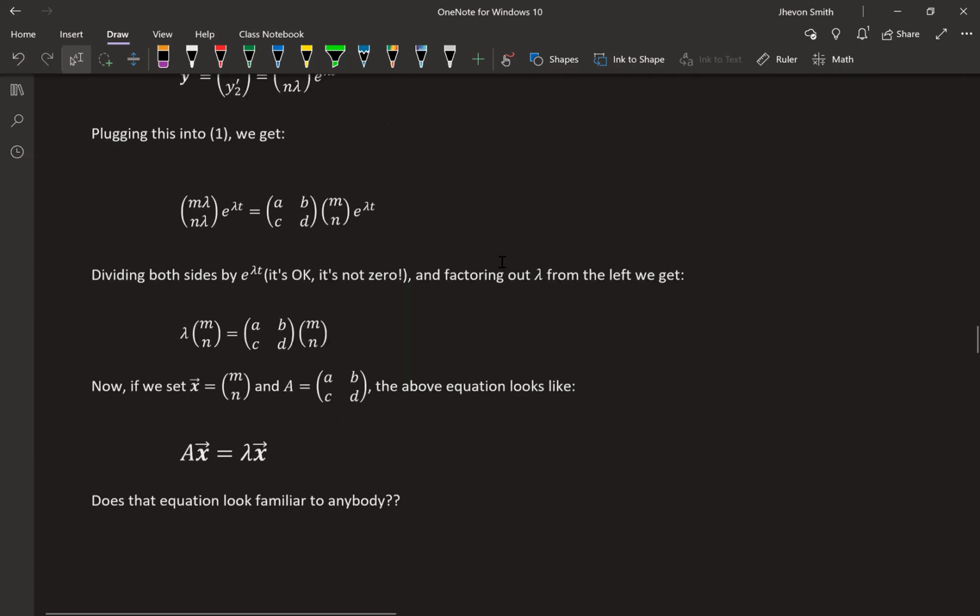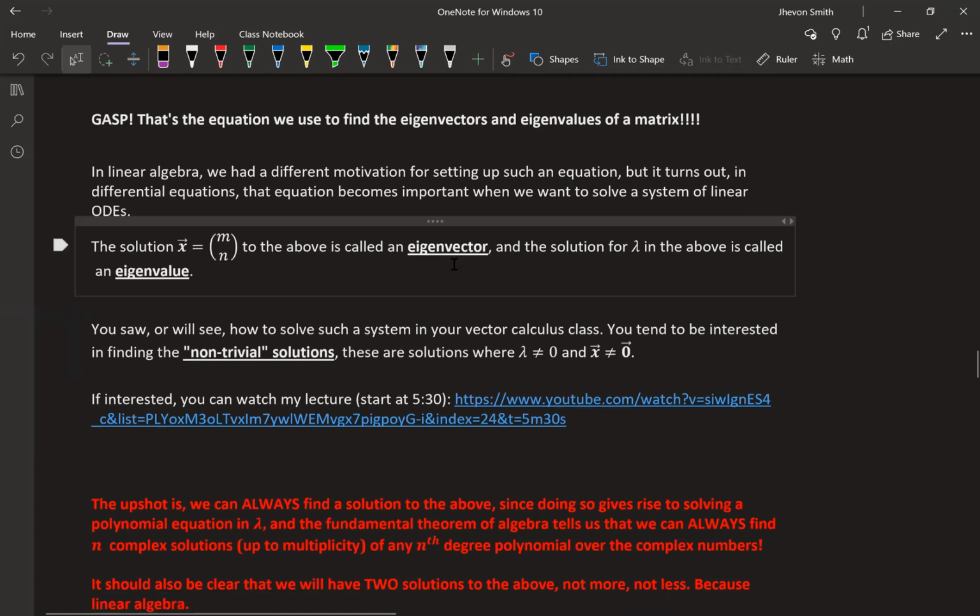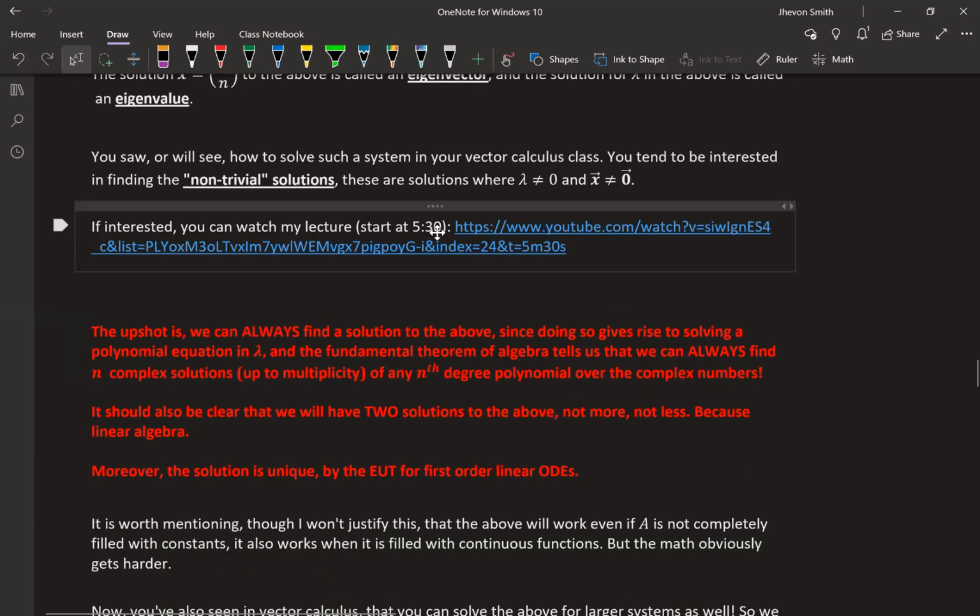And by using eigenvalues and eigenvectors, I have a method to actually find this solution. And yes, to Insha, if you took the new 346, they probably do this there as well. The old 346 doesn't have it. All right, so the idea is if I have such a system, I can always solve it.